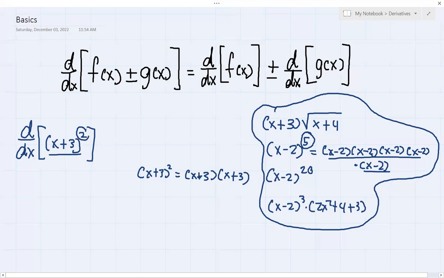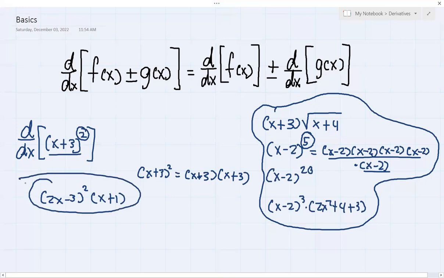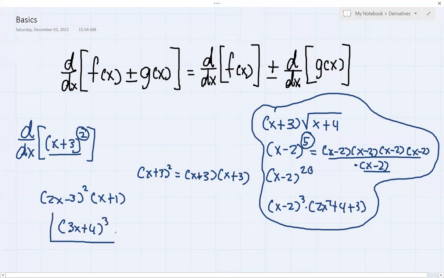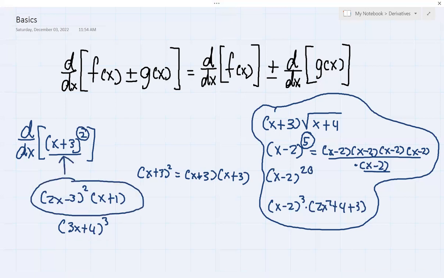Katulad nito, yung may naka-squared, tapos ito, let's just say, 2x minus 3 raised to 2 times x plus 1. Ito, pwede pa tong i-expand. Yeah, I'm not kidding. Pwede pa tong i-expand. Pwede mo ring i-expand ito. 3x plus 4 raised to 3. Ito, pwede pa tong i-expand because this one is easy. Ito, easy rin to. And this one is also easy as well.